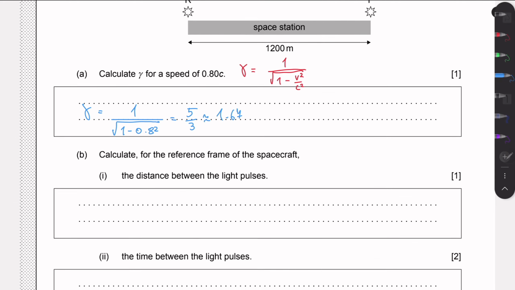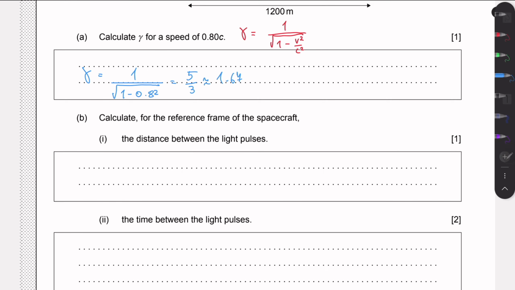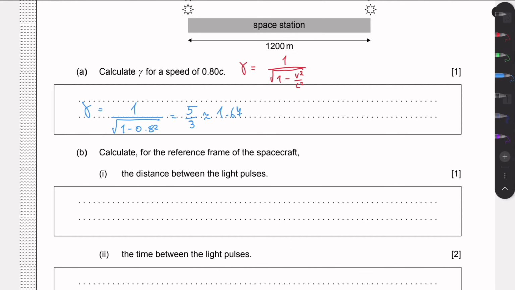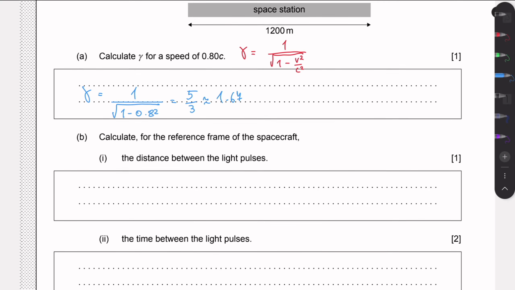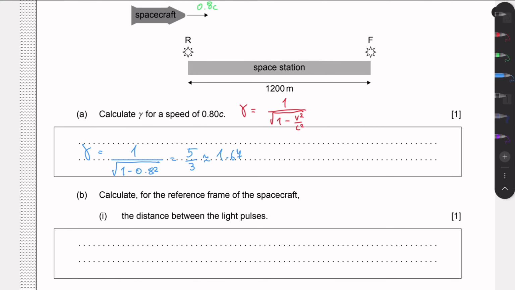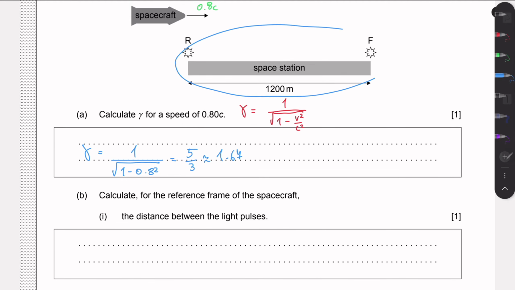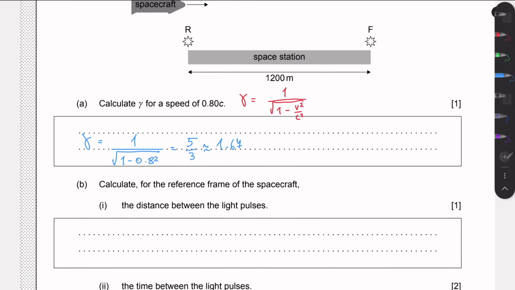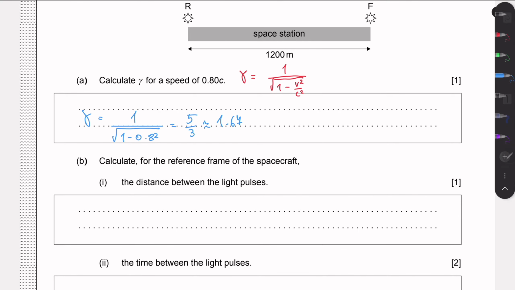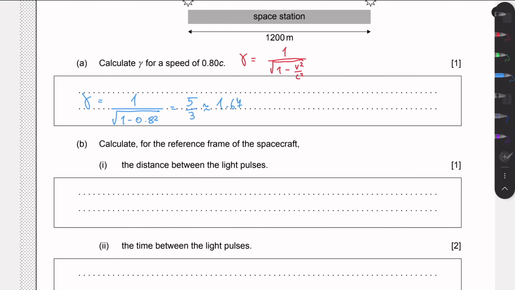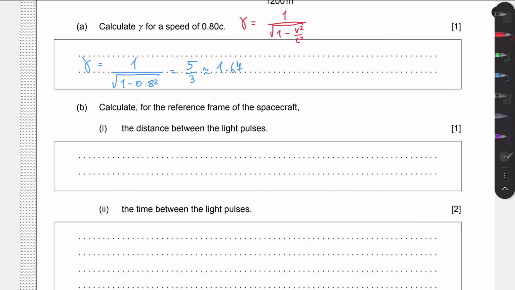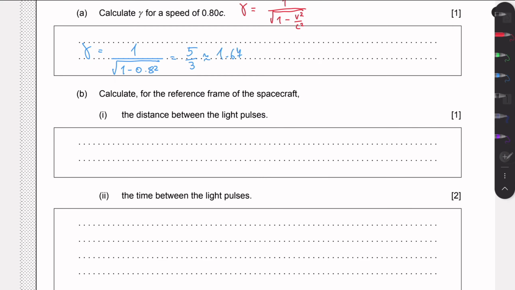Now, we need to calculate for the reference frame of the spacecraft the distance between the two light pulses. So, we know the distance between the light pulses in the space station reference frame was 1.2 kilometers, but now we need to calculate this for the spacecraft's reference frame, and we need to use the Lorentz transformation formulas.